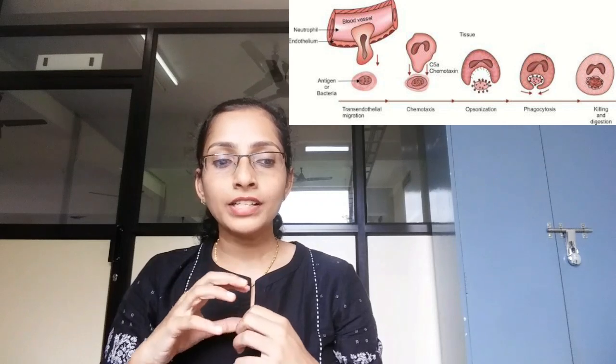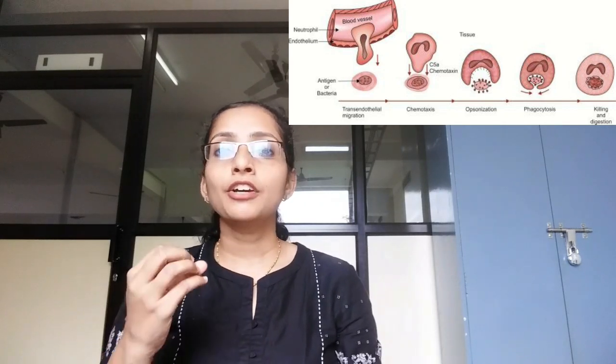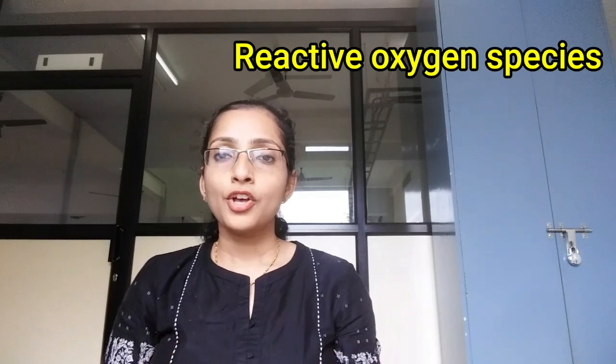Once phagocytosis takes place, they will tend to release certain free radicals. These free radicals also cause damage to the microorganisms, whereas they also cause some amount of damage to the host cells. Together, these free radicals are called reactive oxygen species, and they are formed by the neutrophils.